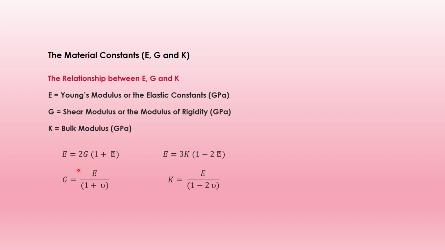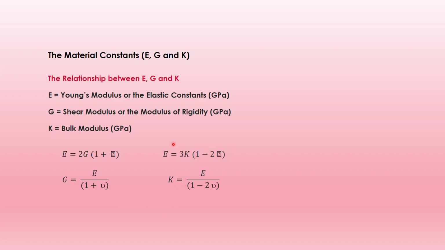So you can use this equation in order to find out G actually, because it is equal to the Young's modulus divided by 1 plus Poisson's ratio. Actually, you should have a 2 out here in front of the bracket. It's another mistake made by me, sorry.